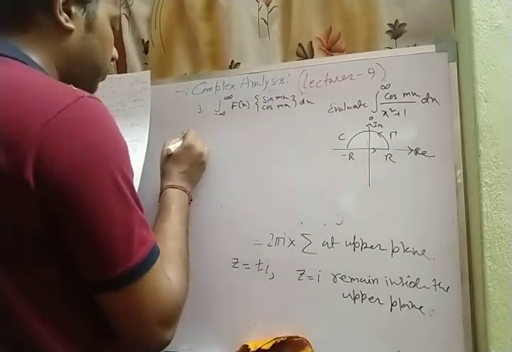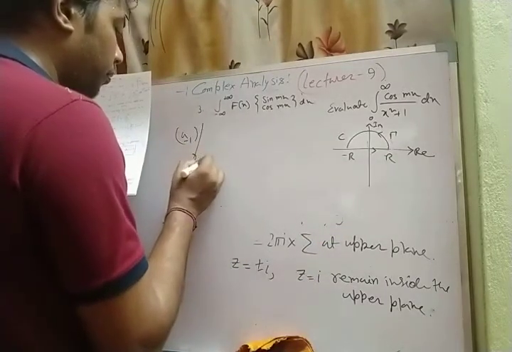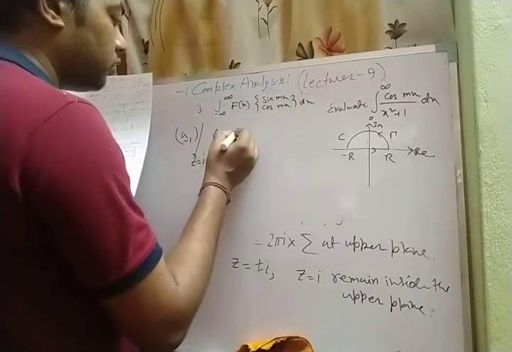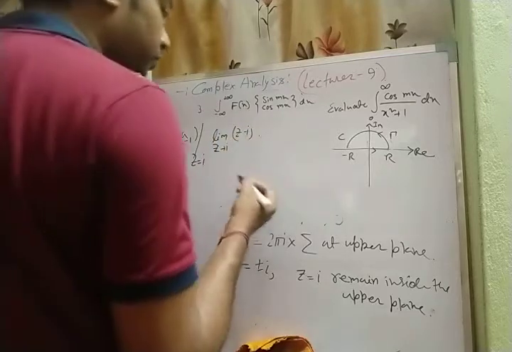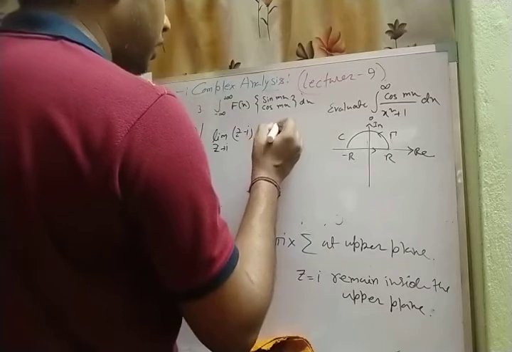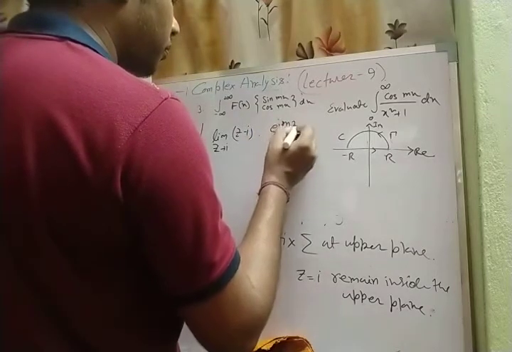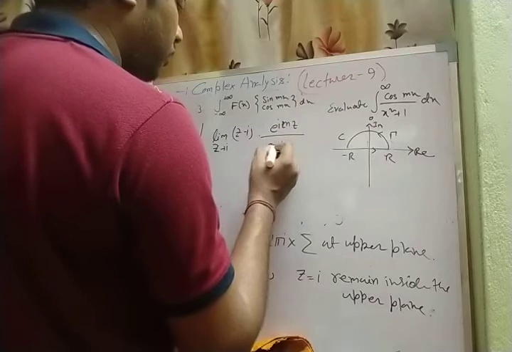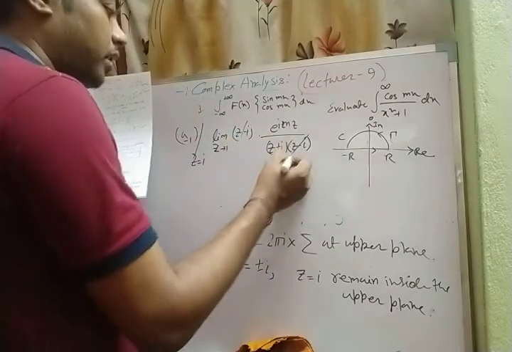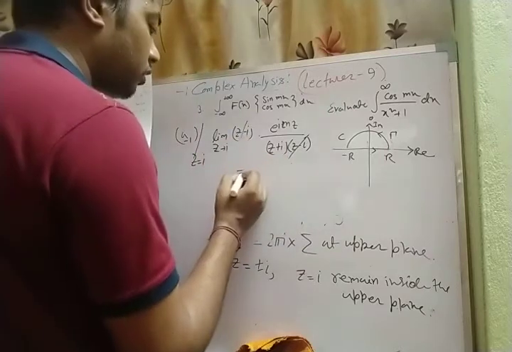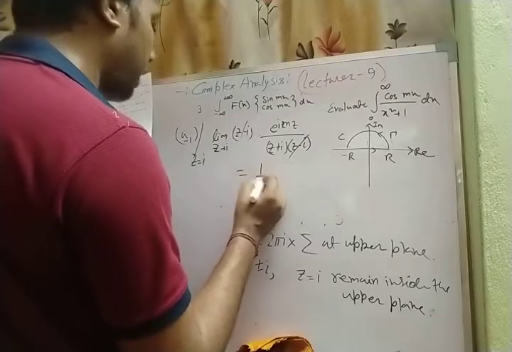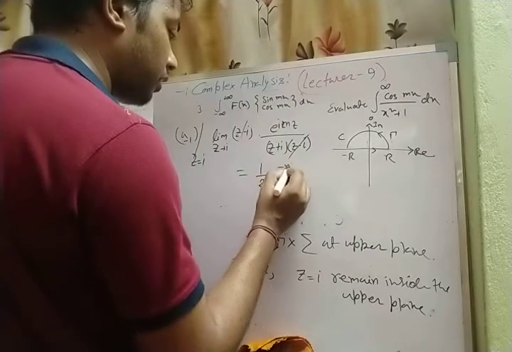The residue at z equals i is the limit as z tends to i of z minus i times the function, so e to the power i mz by z plus i into z minus i. The z minus i factors cancel out, and by putting the value we easily find 1 by 2i into e to the power minus m.